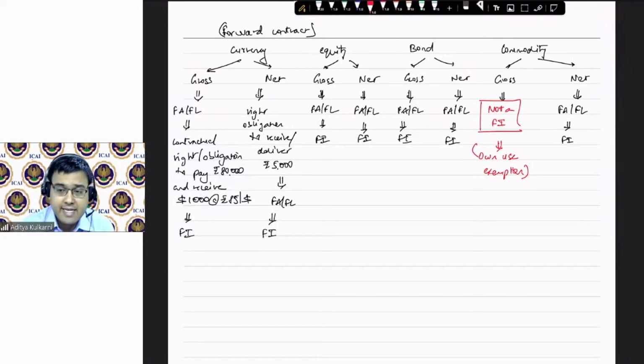Have you understood in detail derivatives, what is included, what is not included? Anybody has any doubts so far? Yes, Namrata, Janvi, did you follow? Yes. Yes, all clear.